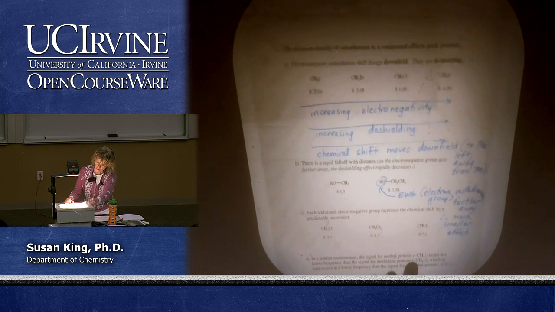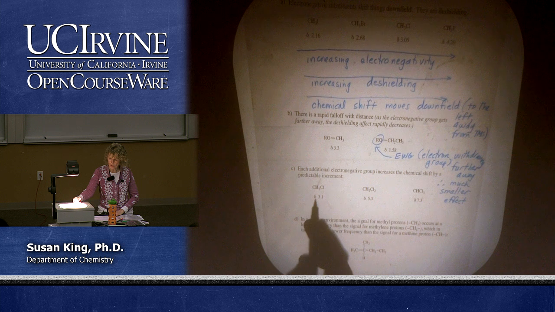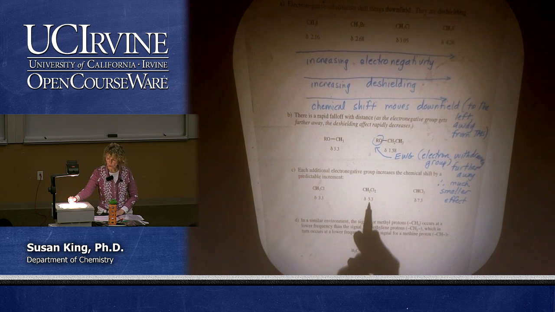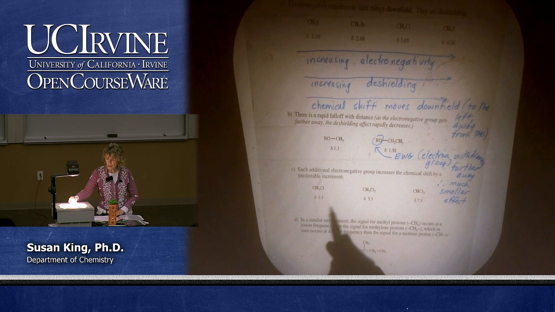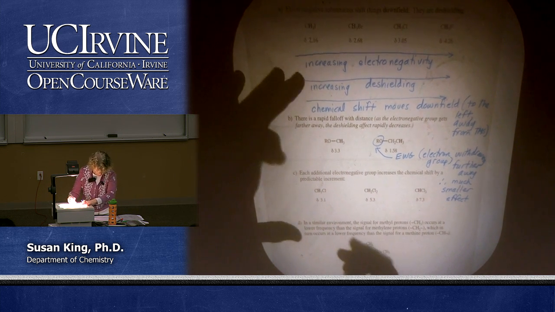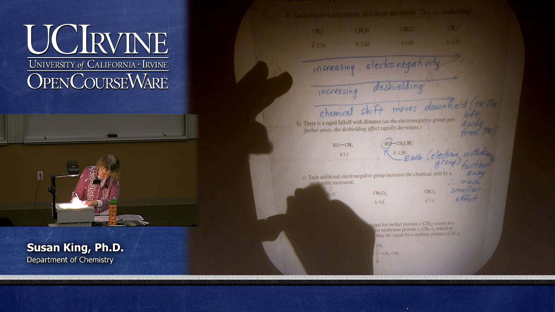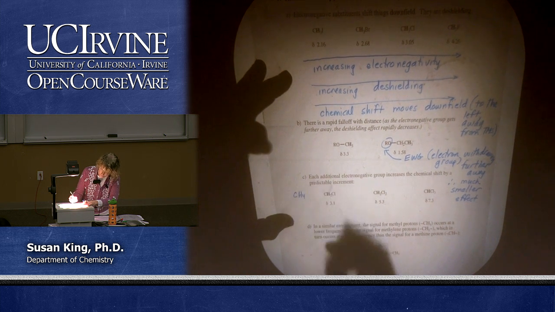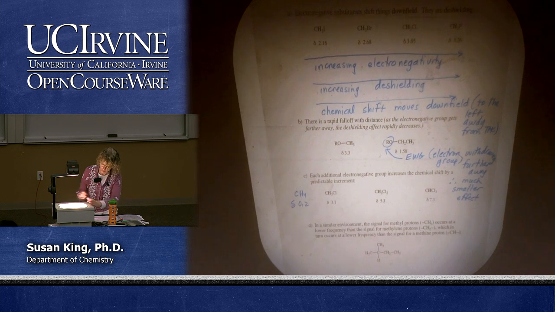Each additional electronegative group increases the chemical shift by a predictable increment. So if we have one chlorine, we have a chemical shift at 3.1. If we have a second chlorine, it goes up to 5.3. So we're adding about 2. If we add a third chlorine, we're adding 2 again. You compare that to just methane, which doesn't have any, and that has a chemical shift of 0.2.